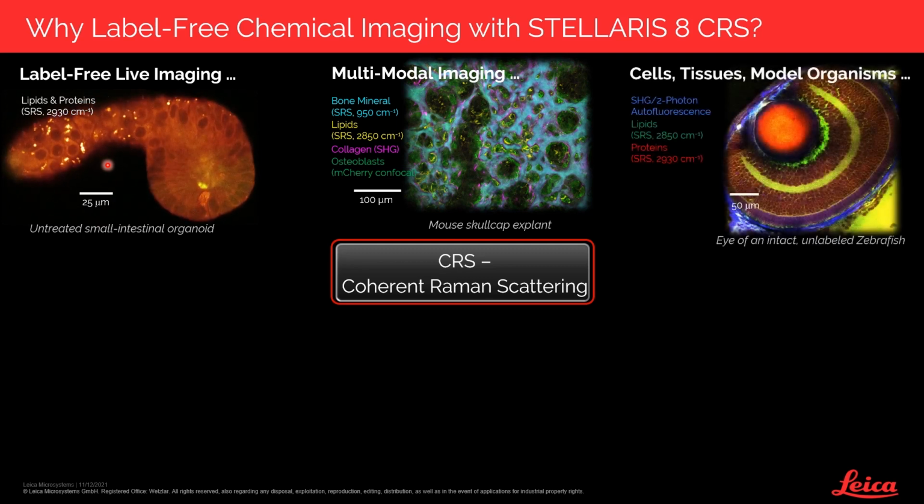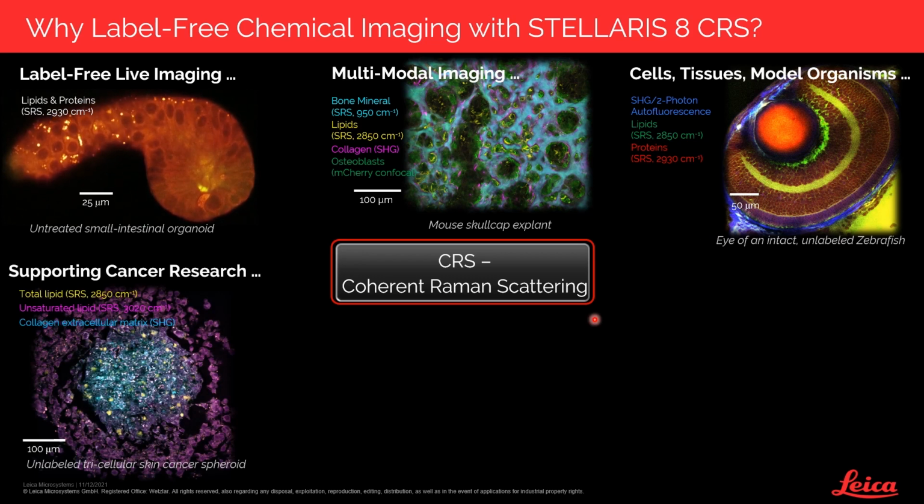We can do this type of imaging in a wide range of samples ranging from cells to tissues and even inside small intact model organisms, such as inside the eye of this intact zebrafish, where we can visualize the individual layers and cells of the retina at cellular and subcellular resolution.